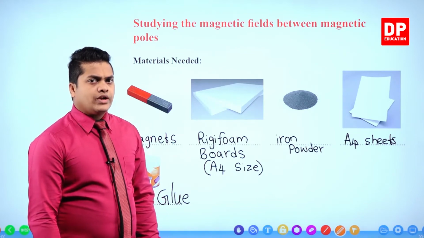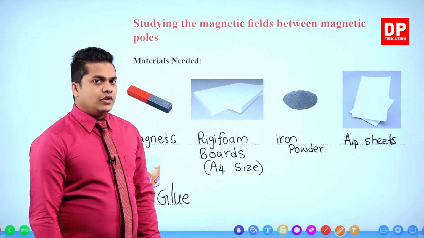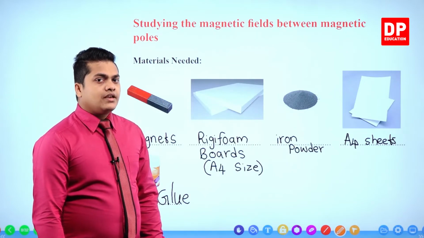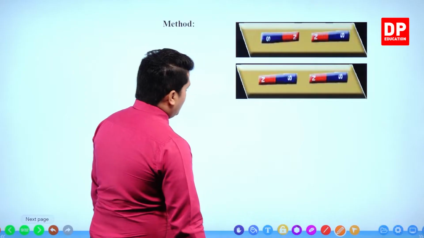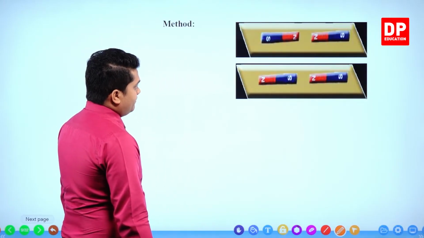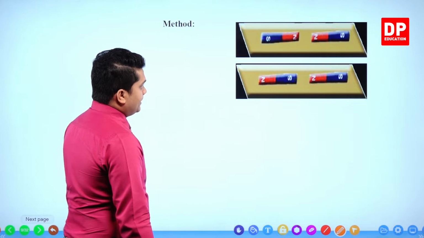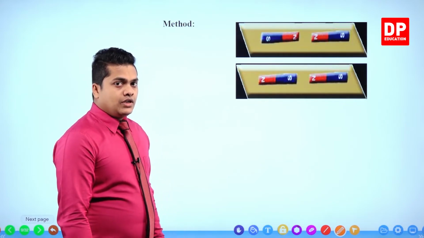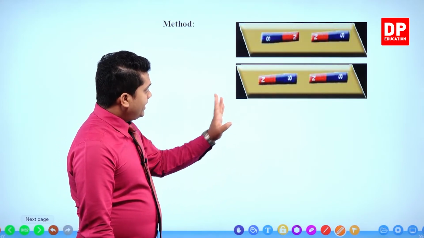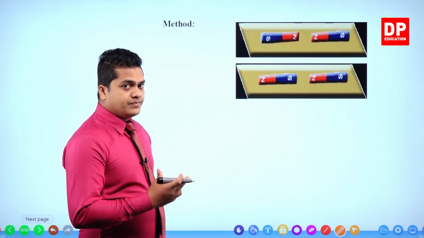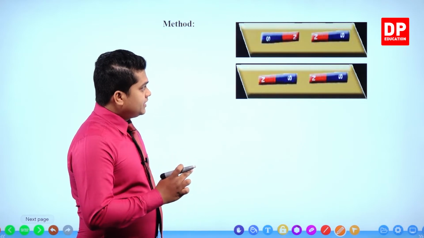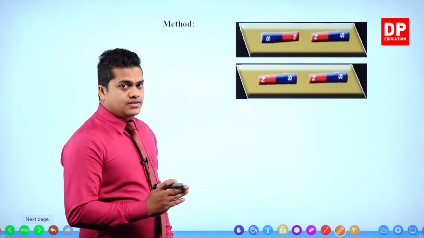Now let's see how to conduct this activity to observe this magnetic field. So this is the method. In the first step, you have to take these rigiform boards and insert these magnets.